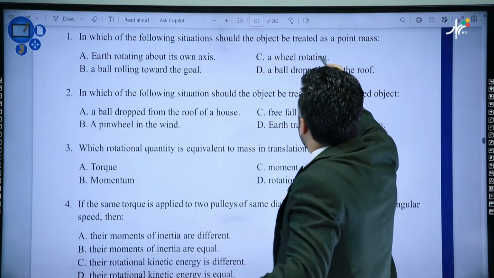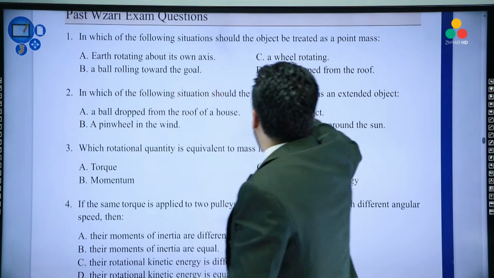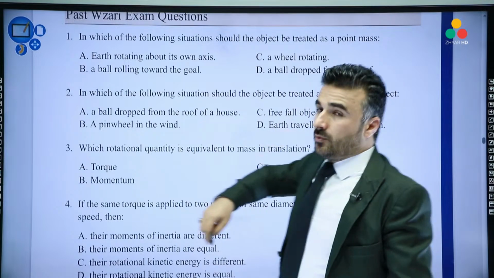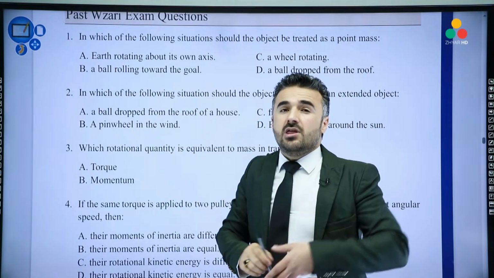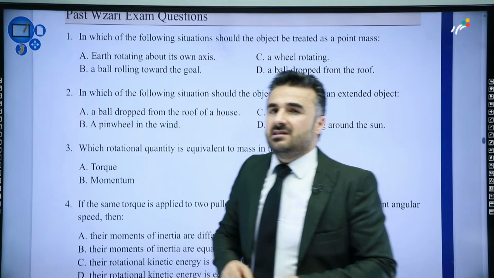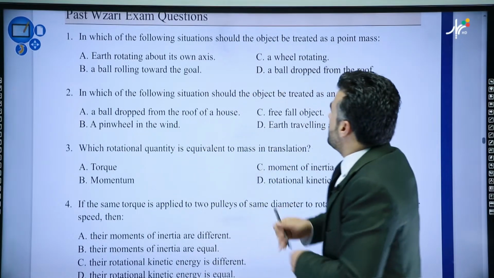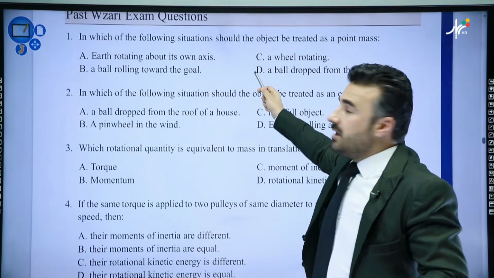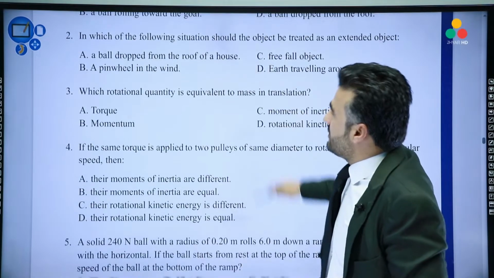A wheel rotating, rotation, extended. A ball rolling, extended. And a ball dropped from the roof. If a ball is dropped from a roof, that means it just free falls without any rotation, without the center of the ball spinning or rotating. So of course we can consider D, a ball dropped from the roof, as a point mass.